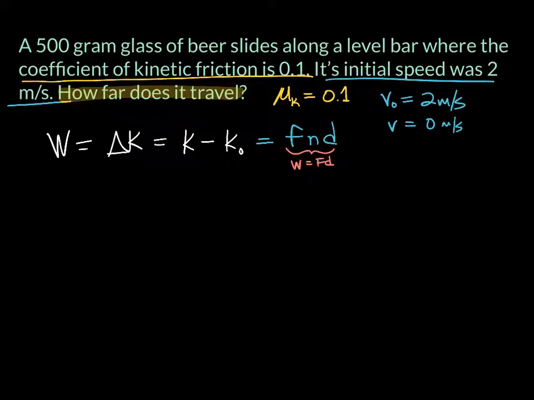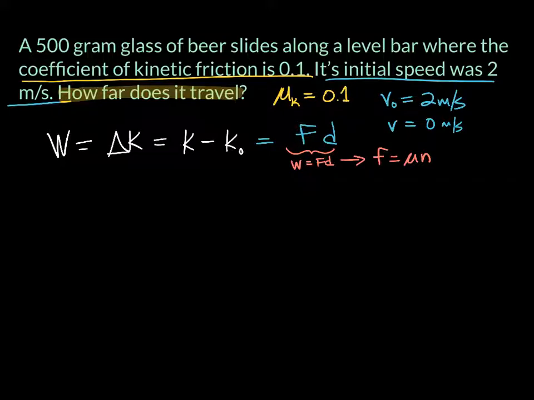I'm sorry, I got a little ahead of myself. Let me erase that for the moment. It is the case that the force of friction is mu n, meaning the coefficient of friction times the normal force.